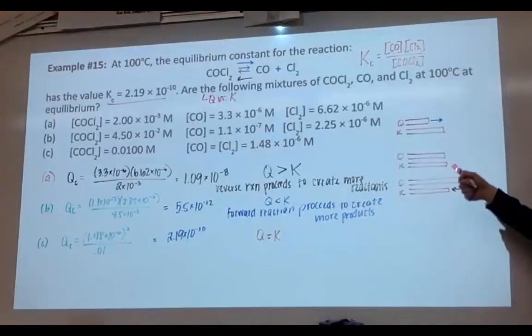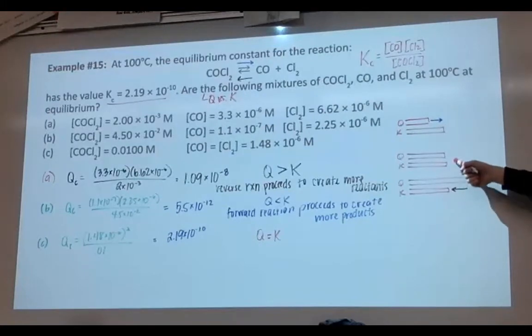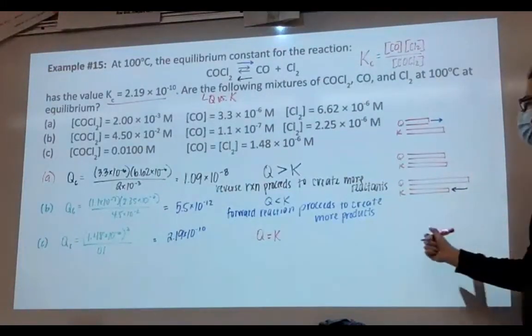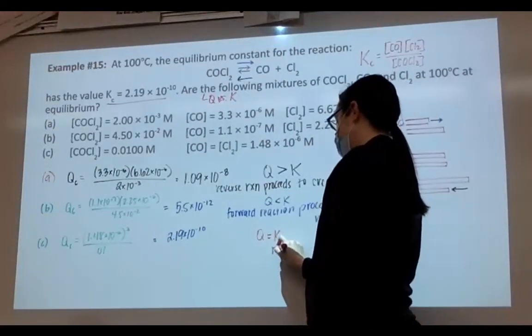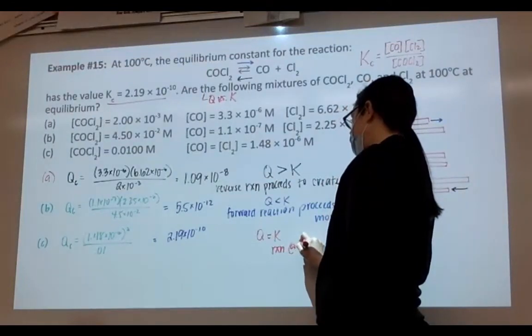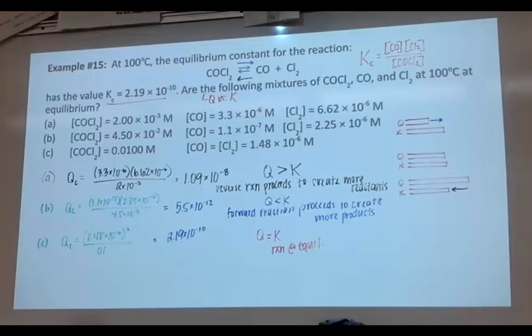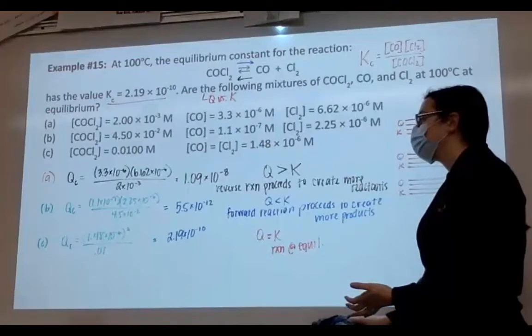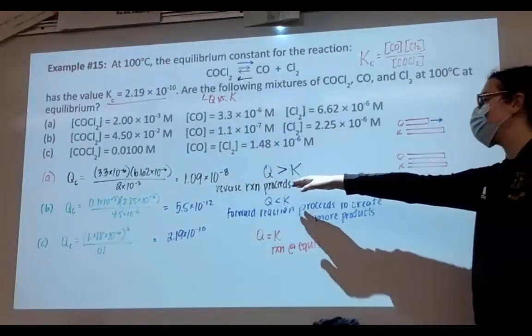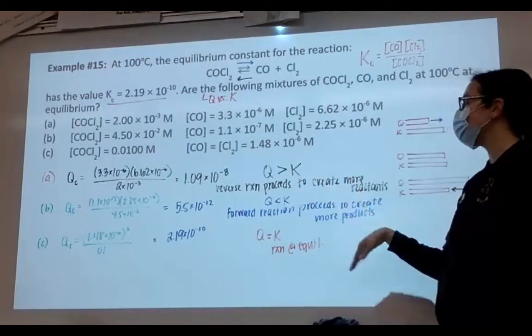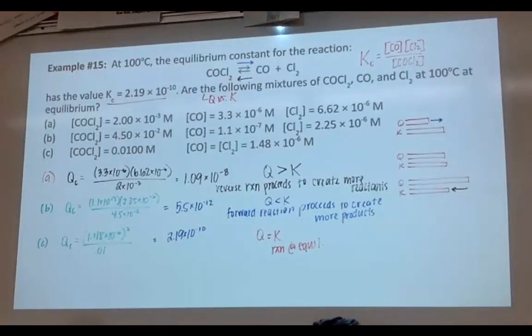Q equals K. When Q equals K, there's no need for a reaction to proceed because the reaction is at equilibrium. So if we don't know if something is at equilibrium, we're calculating Q. And then we compare to our equilibrium constant, K, to figure out which reaction must proceed, the forward or the reverse reaction. What do we have to create more of?